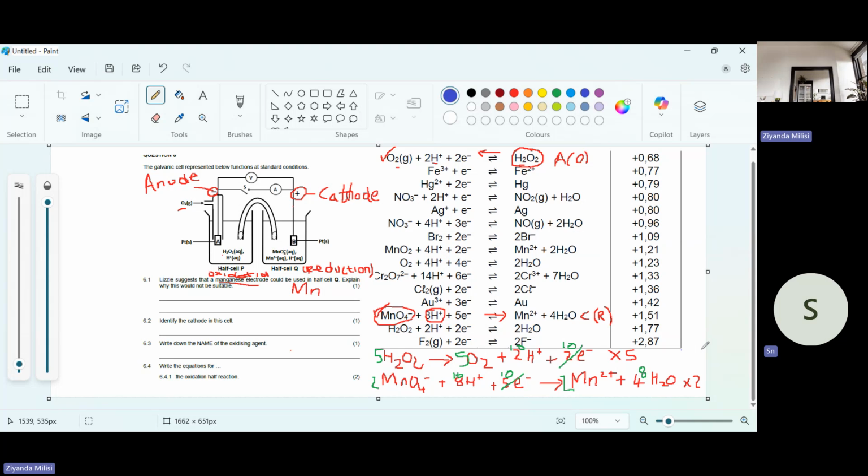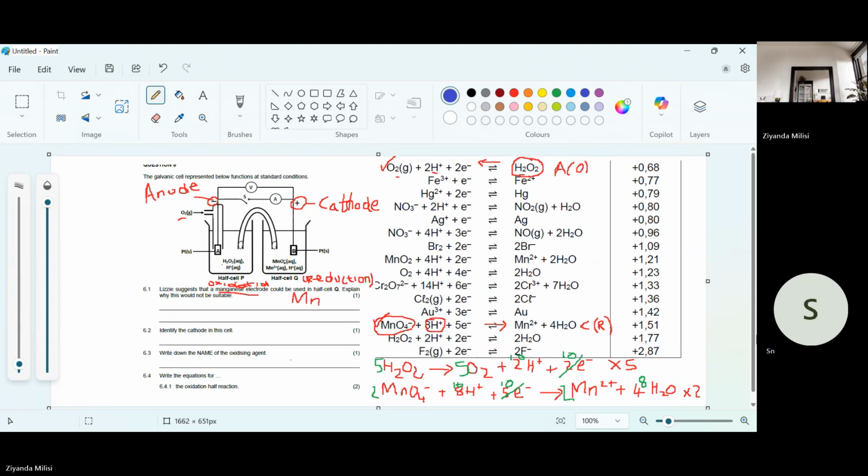It is 5H2O2 plus 2MnO4 minus, don't forget minus.